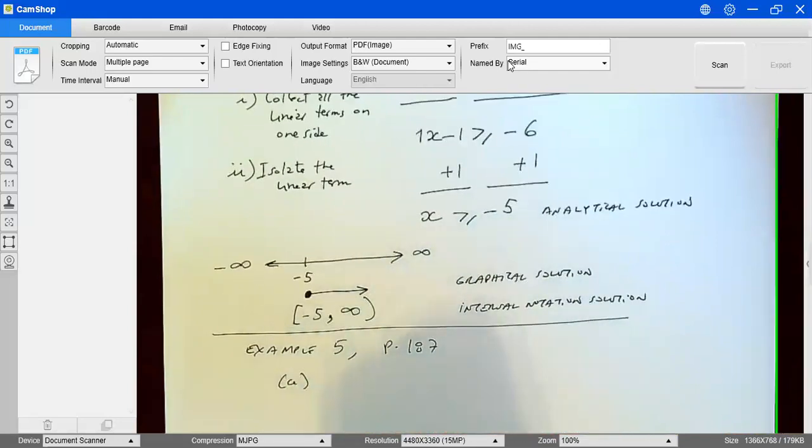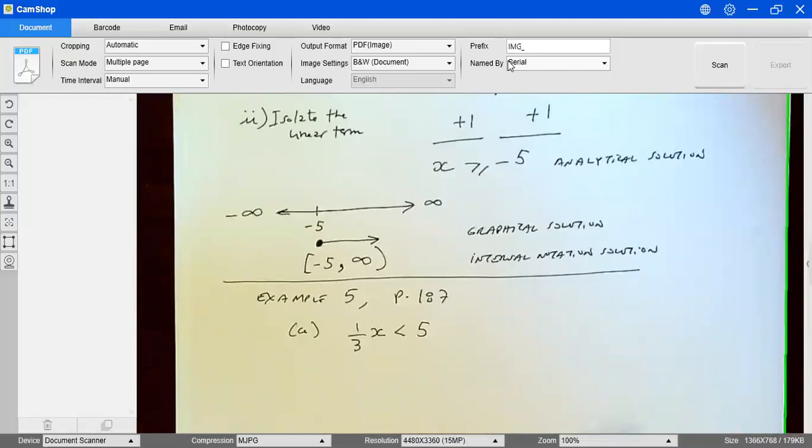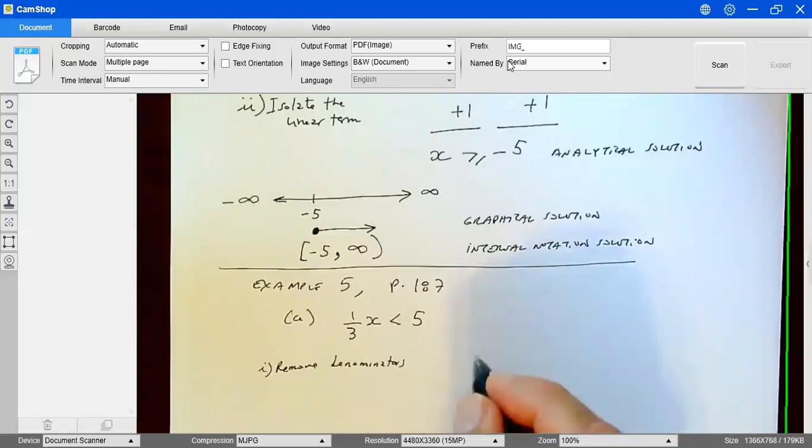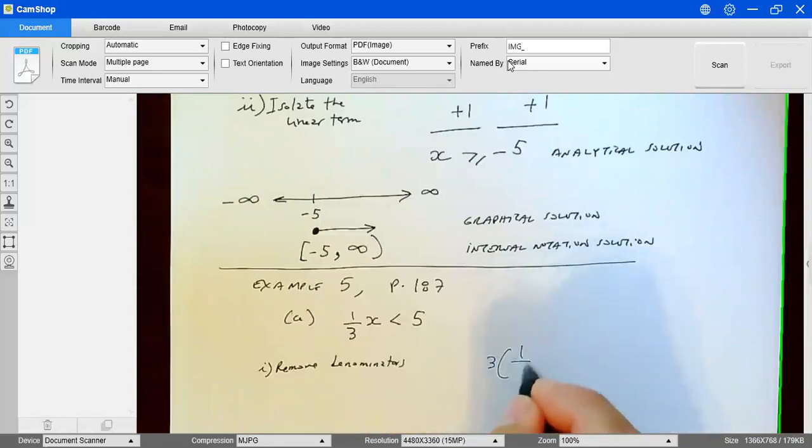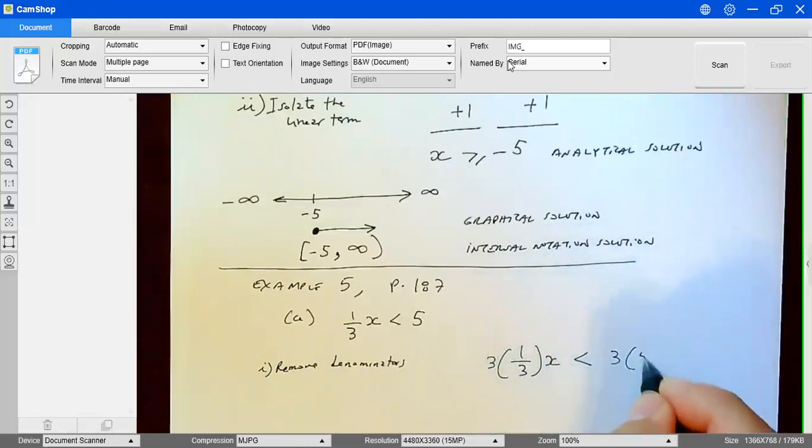There are two parts. The first one is 1/3 of x is less than 5. So first we remove denominators. So how? You multiply by 3 both sides of the inequality.